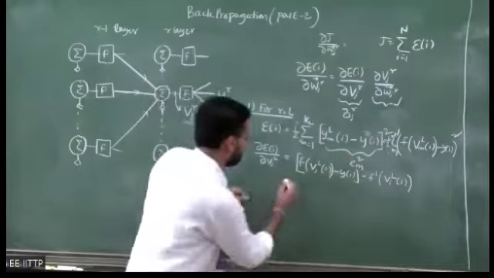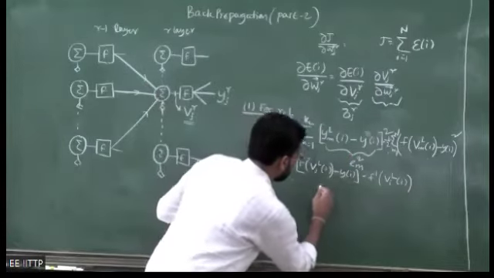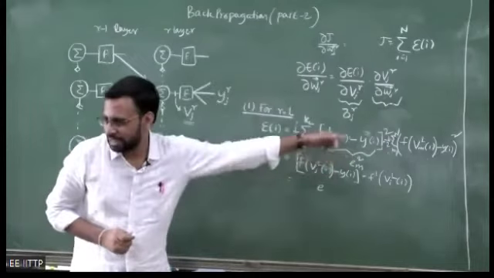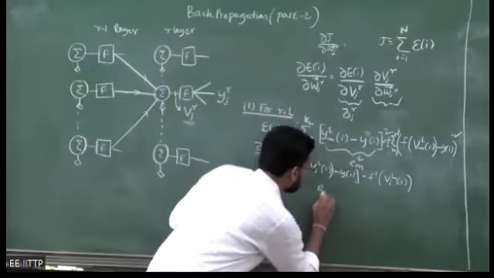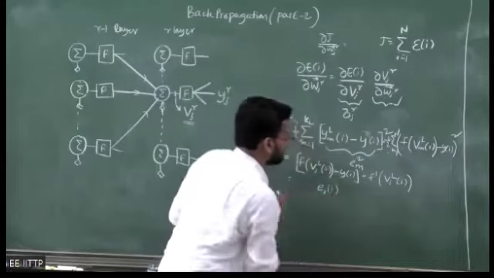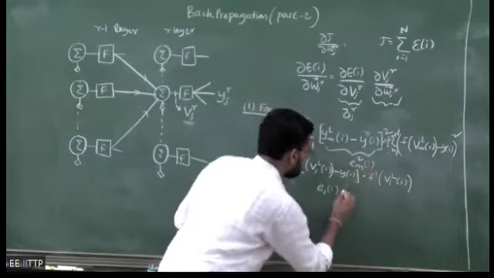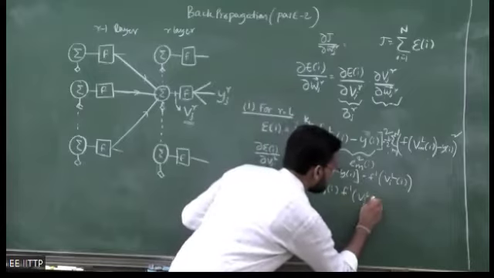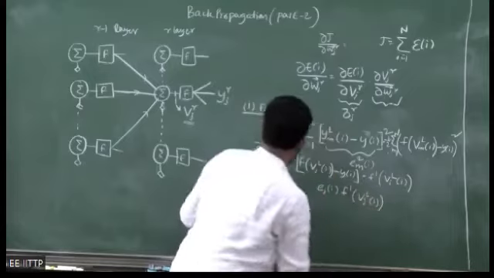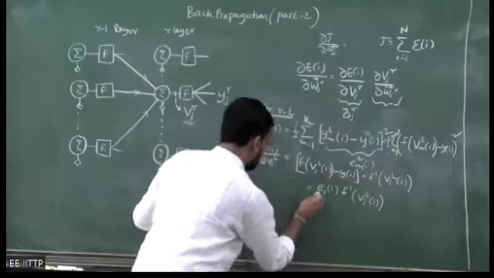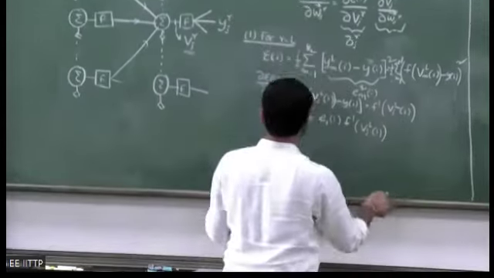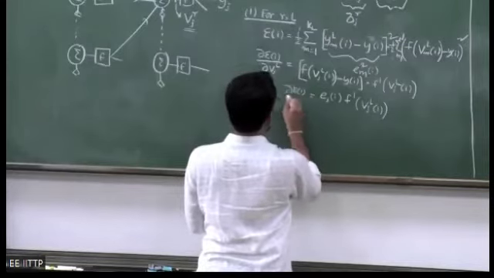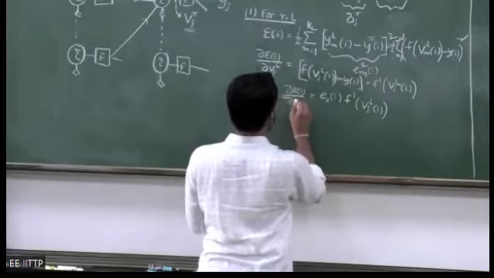So I will write it as E subscript j, because m is varying there. So I could write it here E_j of i into f dash of V_j^L of i. This is my very important result. All I did so far is to compute this value for the last layer.